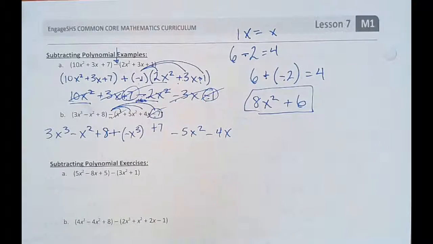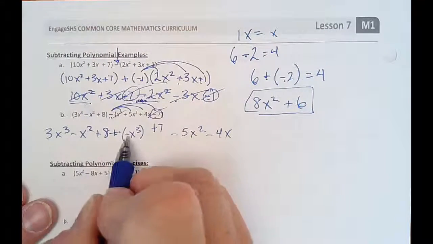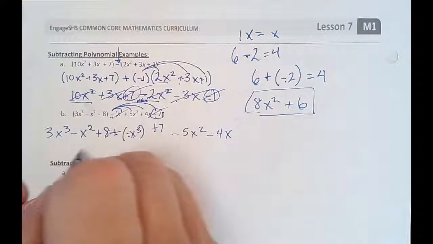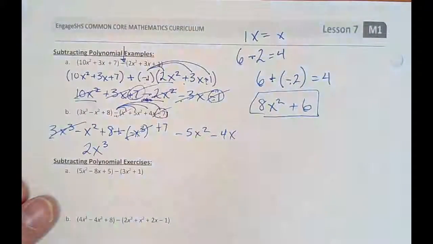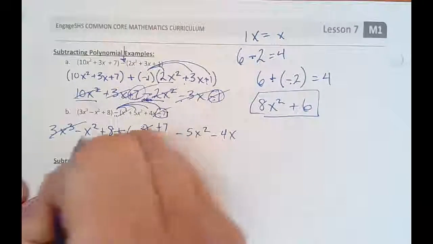But because I distributed, I don't need that grouping of parentheses anymore. Now I can just put things together. 3x to the third plus negative x to the third makes 2x to the third. Cross them out. Negative x squared minus 5x squared makes negative 6x squared. Cross them out.